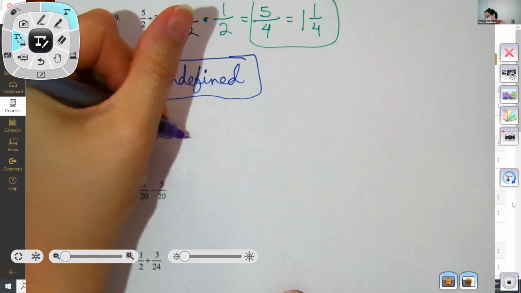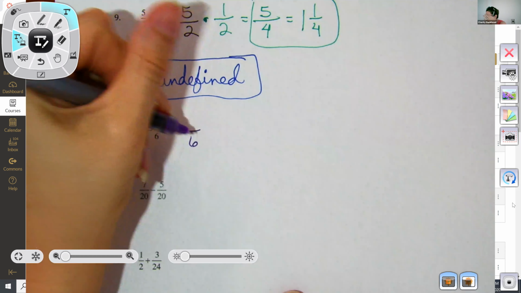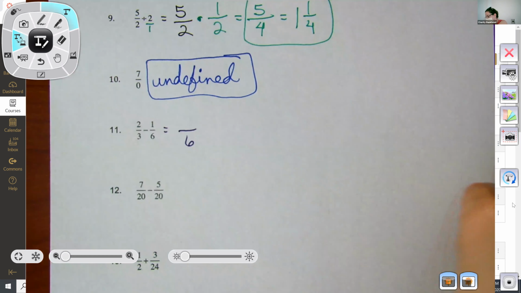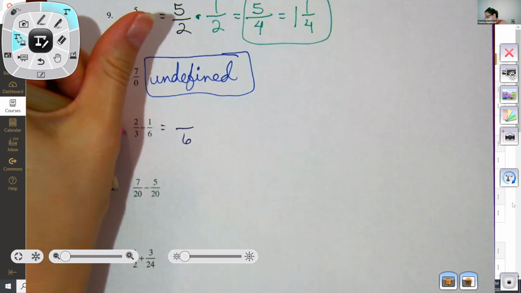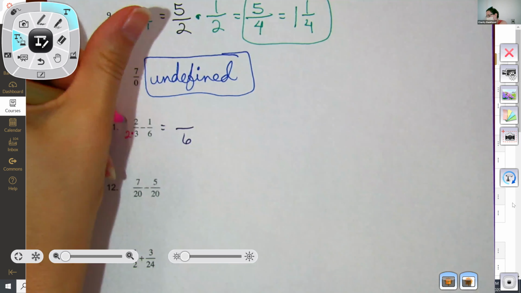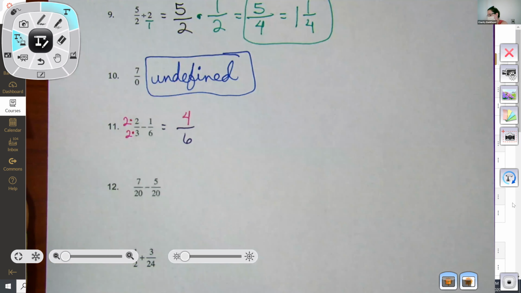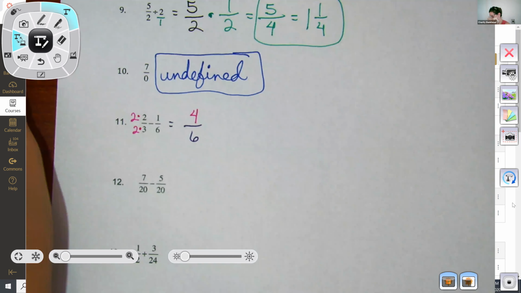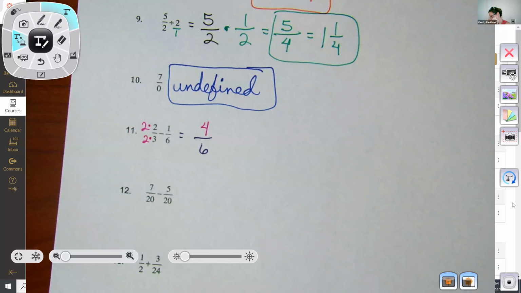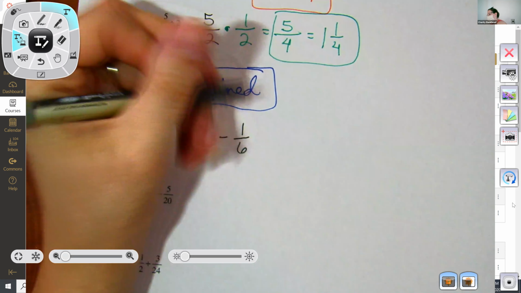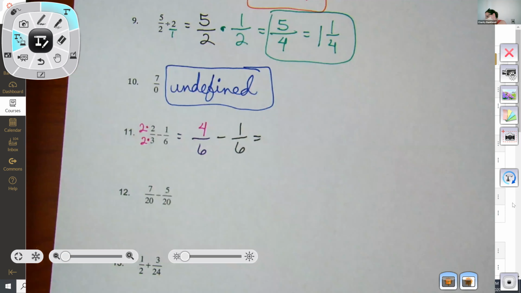So what do we have to multiply with 3 to equal 6? 2. So that means we also have to multiply that numerator by 2. So 2 times 2 is 4. And then the second fraction, we can just leave it the same because it already has the LCD there. So 4 over 6 minus 1 over 6 equals 5 over 6.